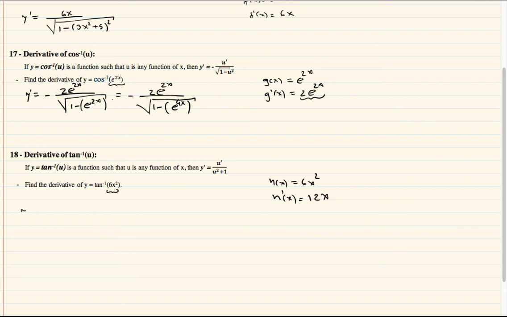So what we'll have is y dash is equal to the derivative of the argument, which we found, 12x, divided by the original argument squared, which is 6x squared, all this squared, plus 1, which gives us 12x divided by 36 x raised to 4 plus 1, and it's done.